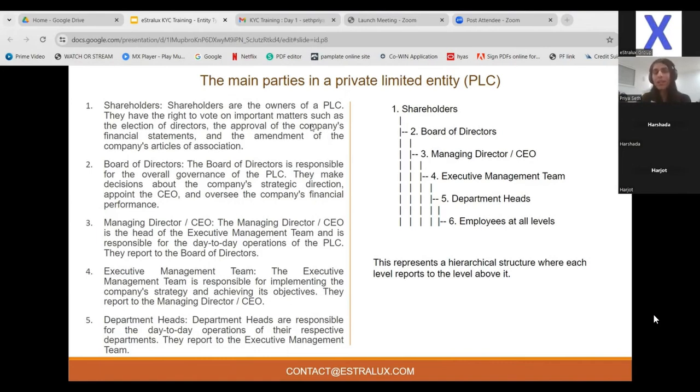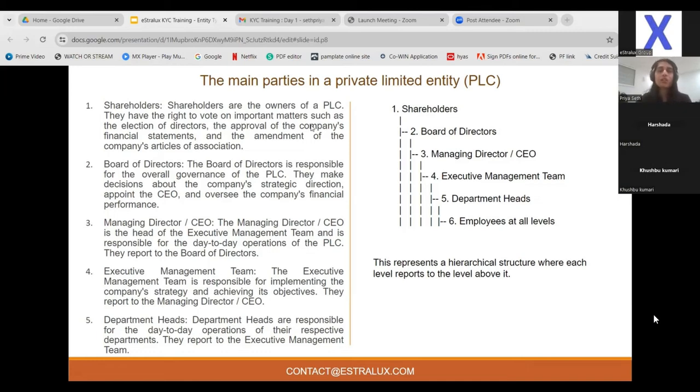KYC people are not so bothered to collect all this information. But the first three are the major things required from the KYC perspective. Still, looking at all six, you should know these are the parties involved in a private company.